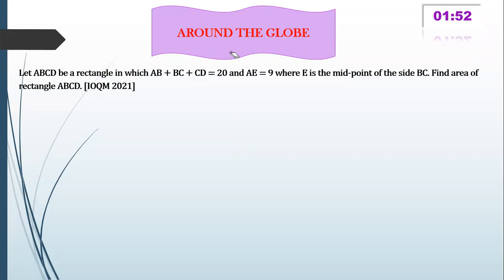Actually, this was given in the assignment also. So very easy problem. I think I shall start the solution of this problem as well.